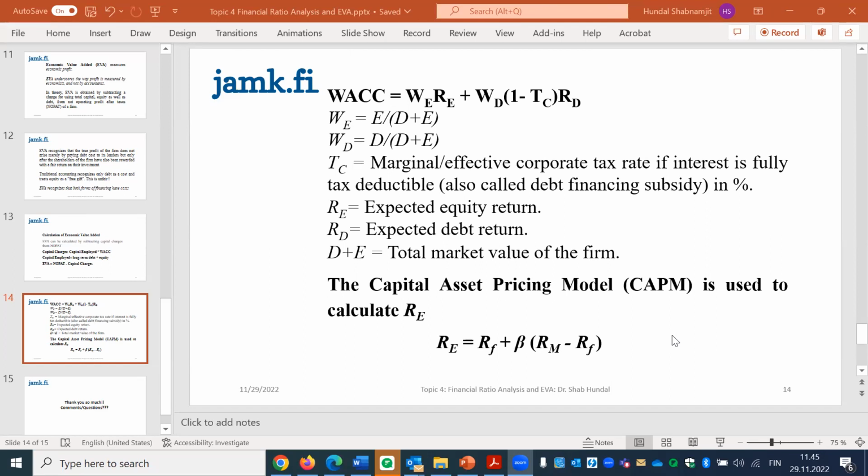But in normal businesses, let's say, I can do the calculation.